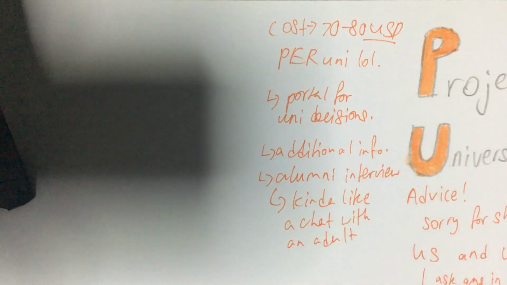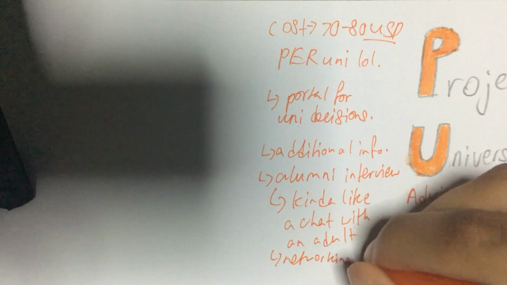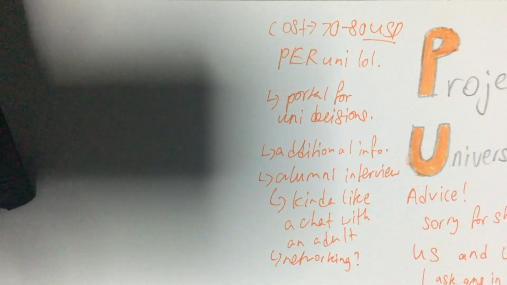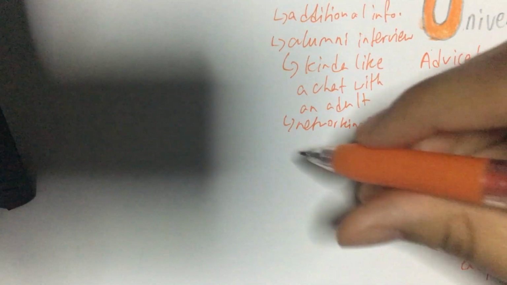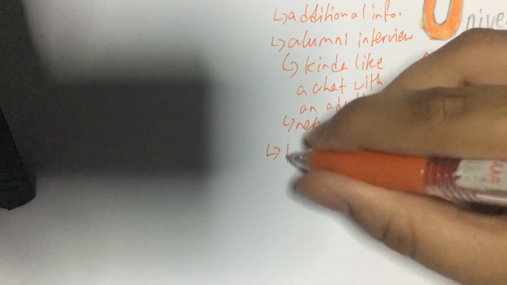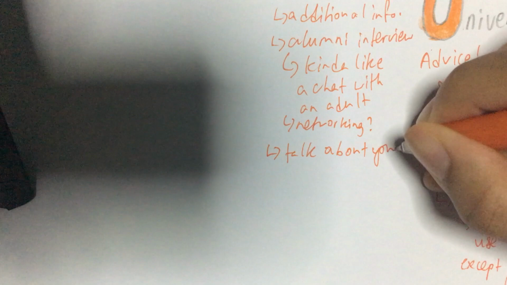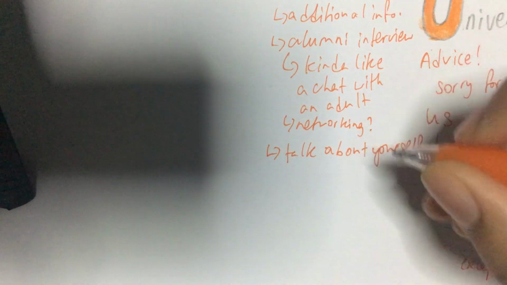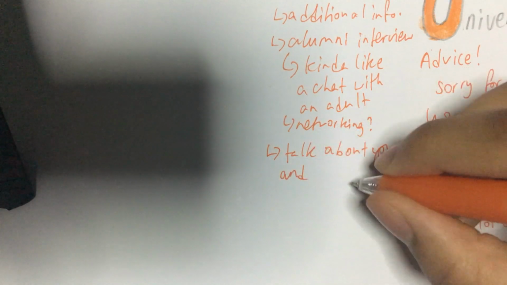You can also get some networking through these interviews. If you think they may be helpful in some other way, you can talk to them. But for the alumni interview, they will just ask you about yourself. So just recall what you've done, like the stuff you wrote in your individual essays for each school, because they'll ask you why you want to do this major, and you would have reflected on your school life.